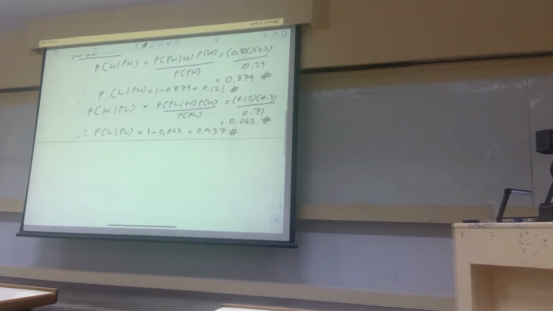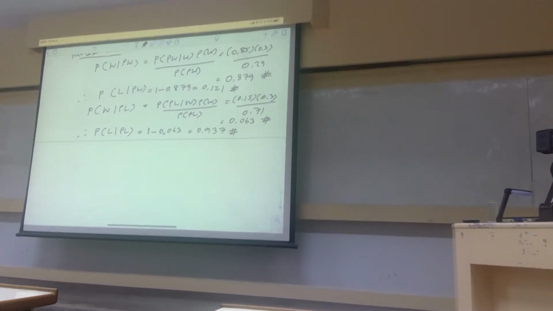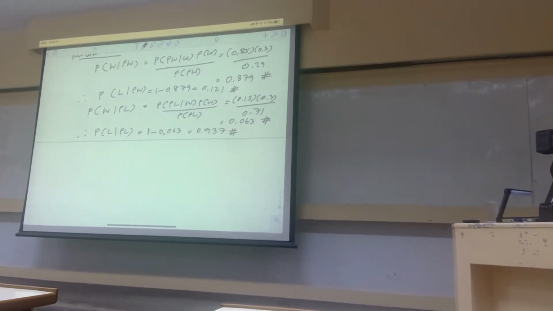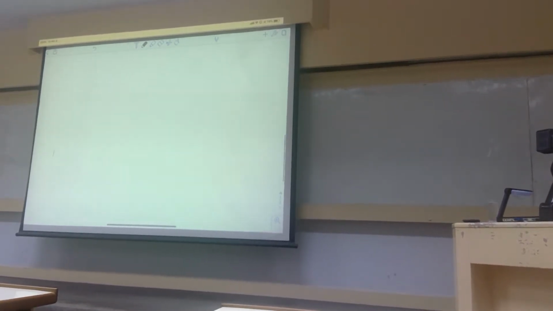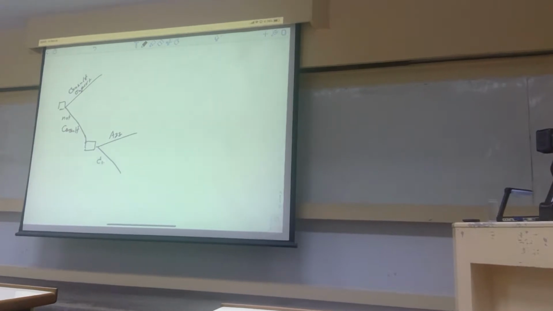Then we're gonna do the addition tree diagram. So we start with the main decision: consult with expert or not consult expert. Not consulting the expert, you have two approaches, passive and conservative.